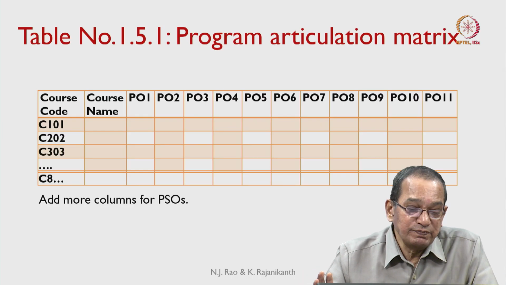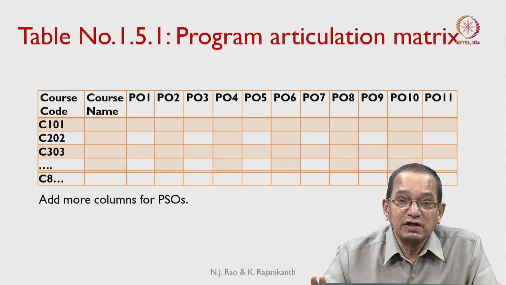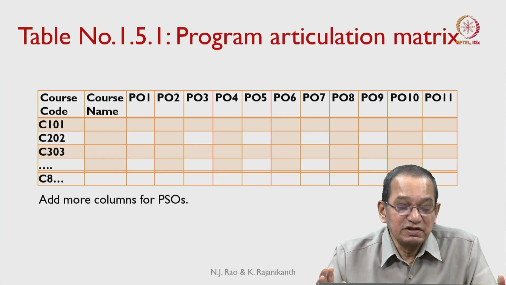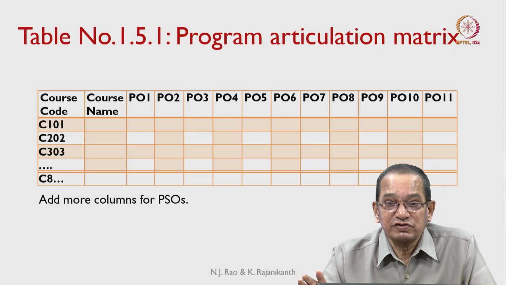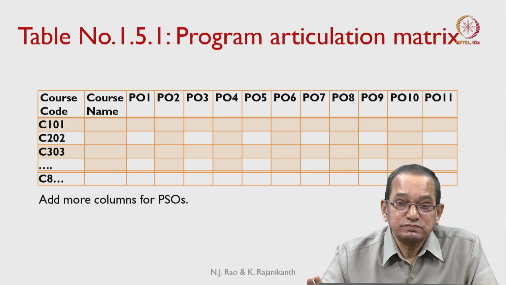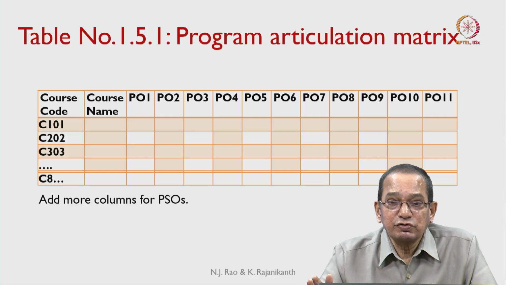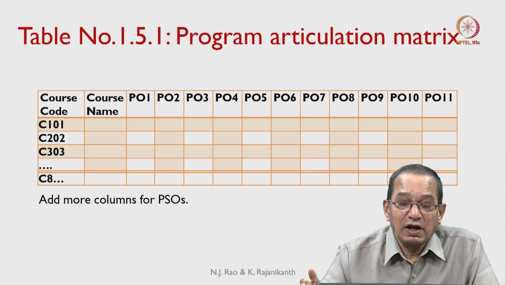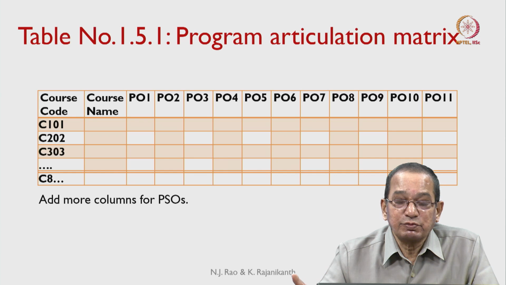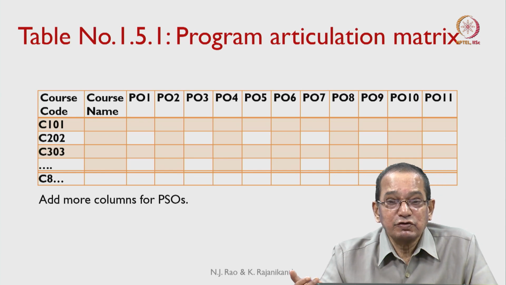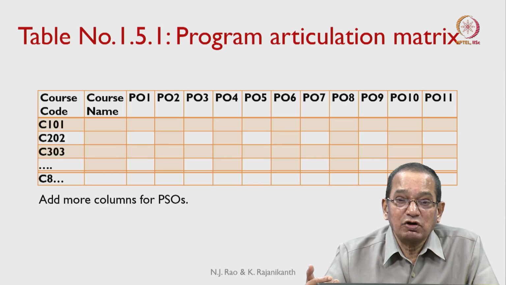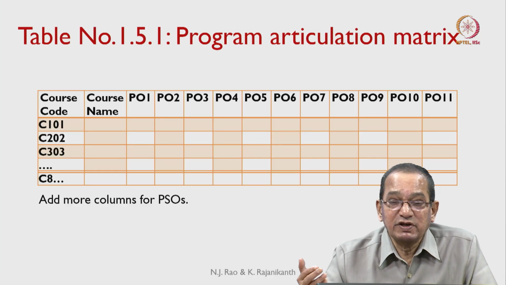Show examples and show clearly how a course level mapping is arrived at, and these must be all core courses that you have. Okay. So, this also could include, as I said, project work, internship work, activities in which all the students are supposed to participate, and then of course, you must be able to quantify their effect on the attainment of POs and PSOs.